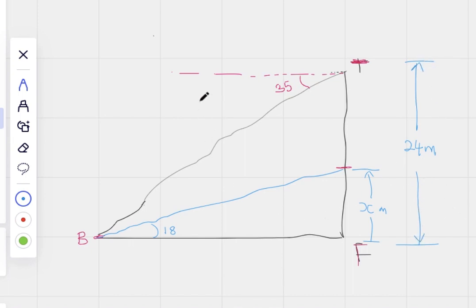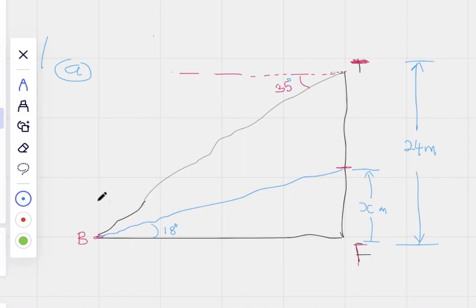Now, this is the first question, they ask you to draw. We put the degree sign here, 18 degrees, 35 degrees. So the first question, Question 1A, is to draw the information that has been given to you. So this is the information so far.